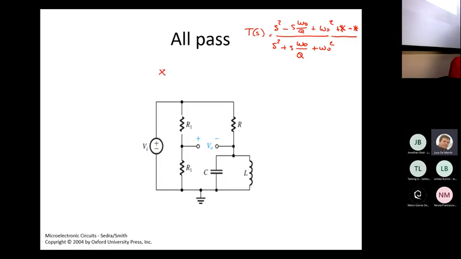So suppose that the quantity asterisk is equal to s ω0/Q.